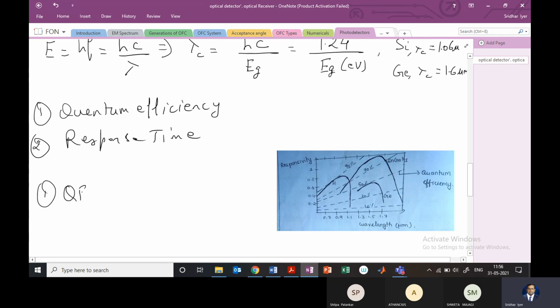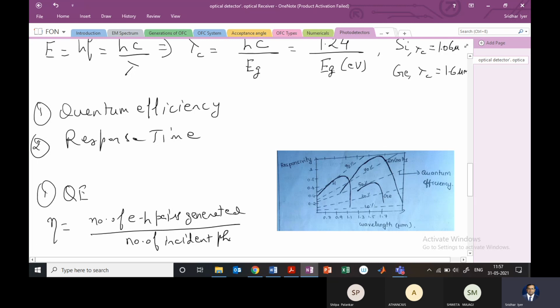It is denoted as QE, this quantum efficiency, and it is denoted as eta. This is nothing but the number of electron hole pairs generated divided by the number of incident photons.